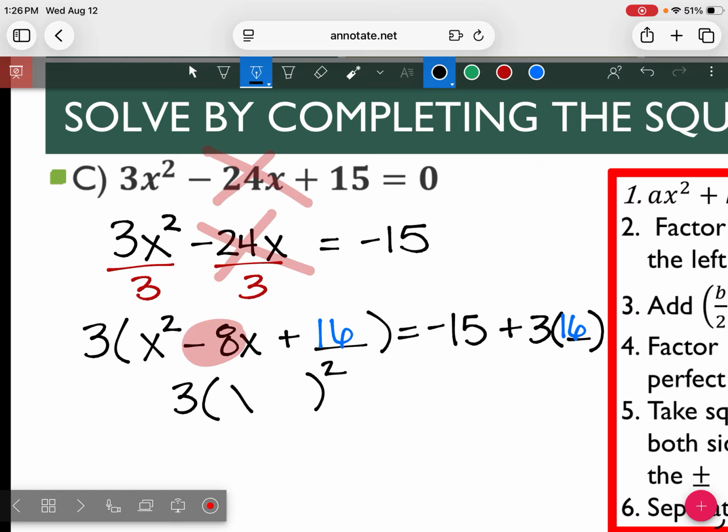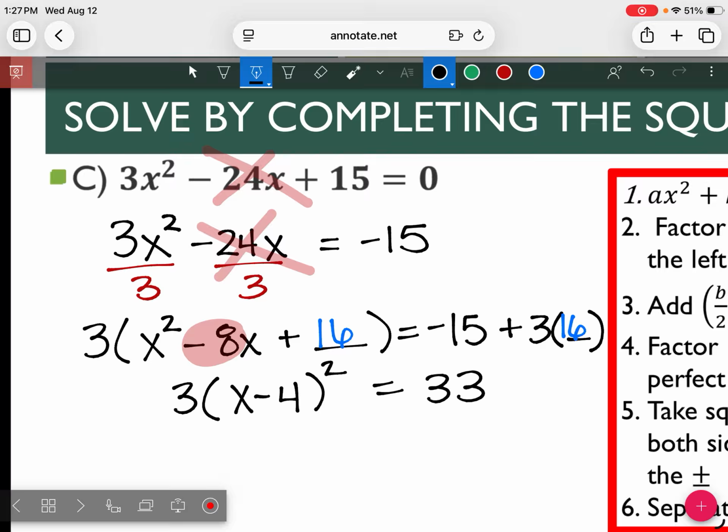So this is going to be x minus 4 squared. Now pick up your calculators and type this in. Negative 15 plus 3 times 16. Now, if I remember from first period, it's 33.